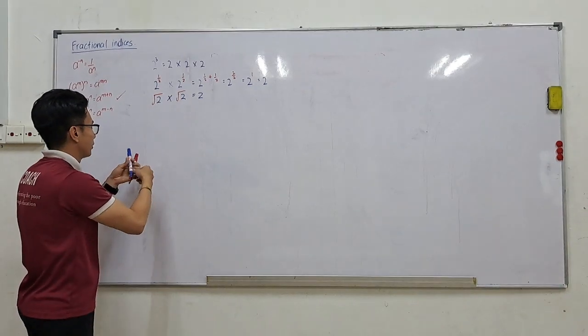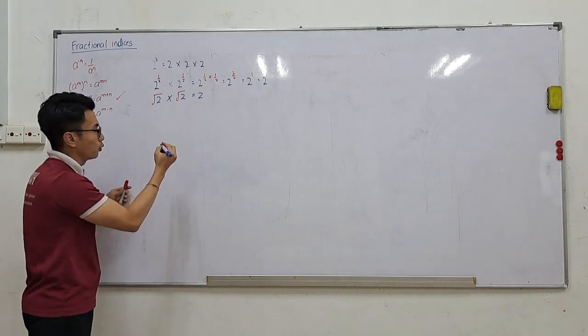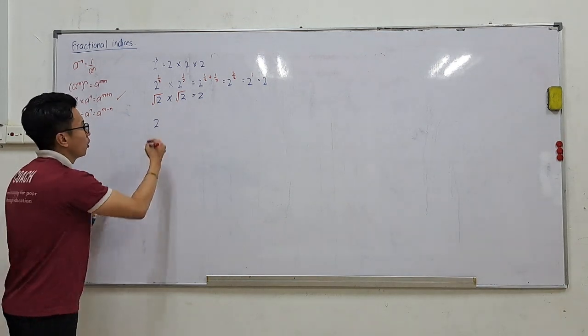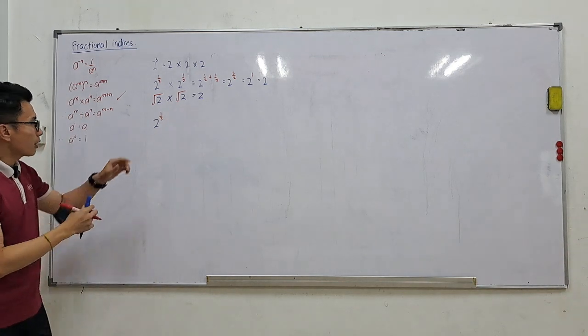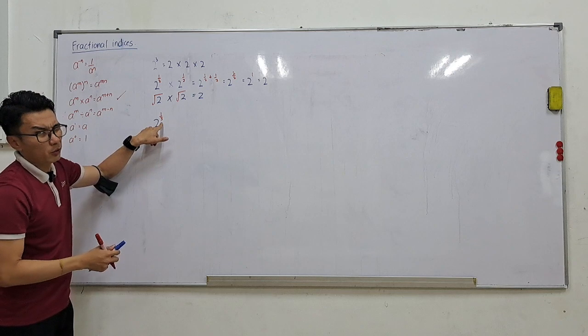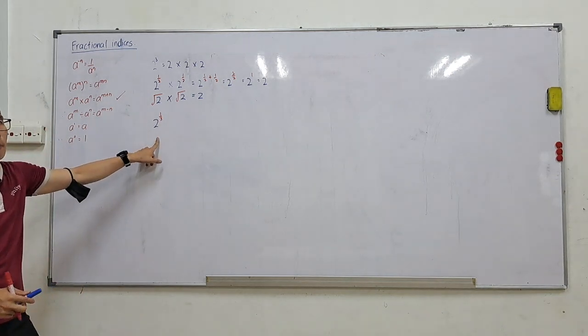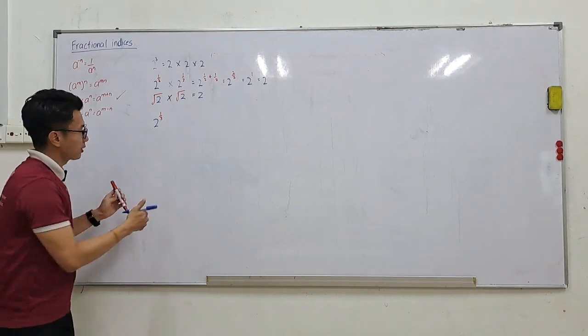Now let's look at a different example. I'll choose 2 again, and say I have 2 to the power of 1 over 3. Again we want to establish what this is, so I'm going to multiply it by itself 3 times.